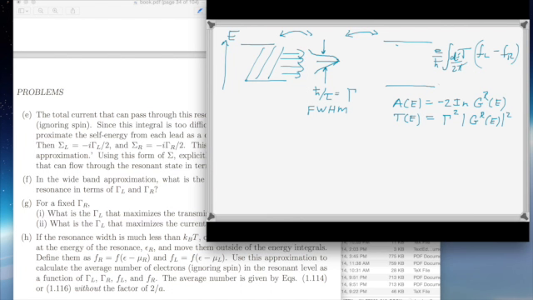Doing that integral using the actual self-energies and actual energy-dependent gammas is too hard. So what people do is they use an approximation for the self-energies.